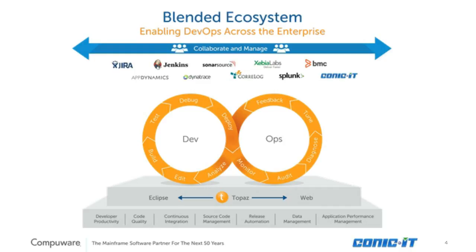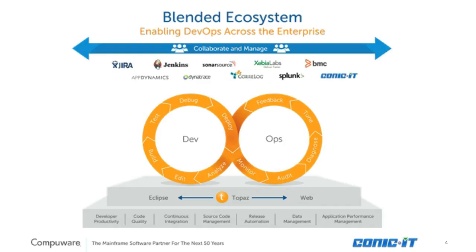And we're taking our mainframe tools and integrating them with the same tools that your distributed teams are already using. So the mainframe then just becomes another part of your DevOps cycle. And today we're going to talk about how we're integrating with ConicIT to do a little bit more on the ops side.